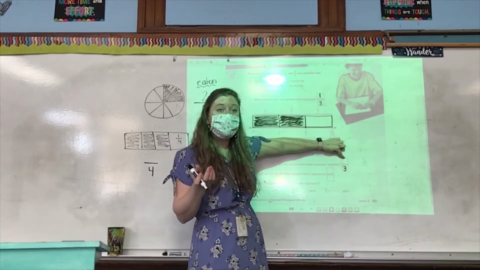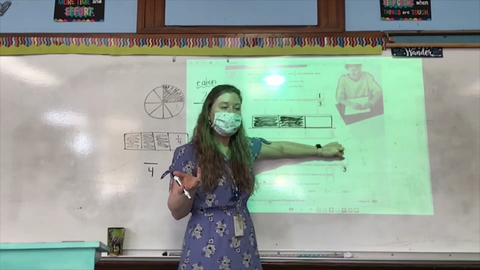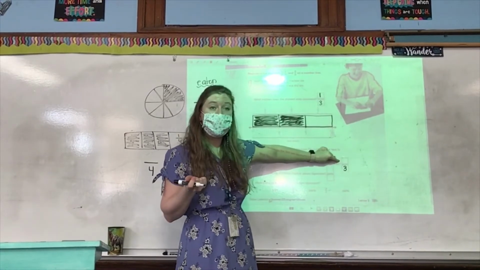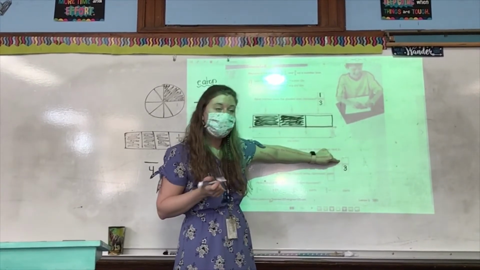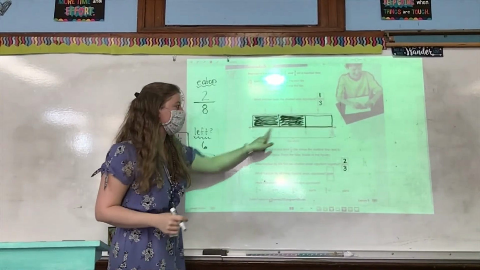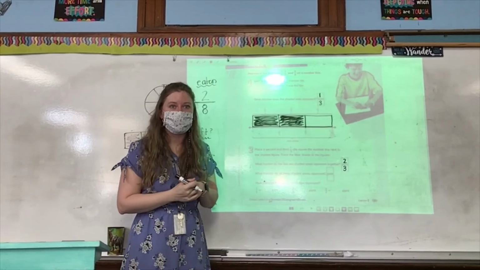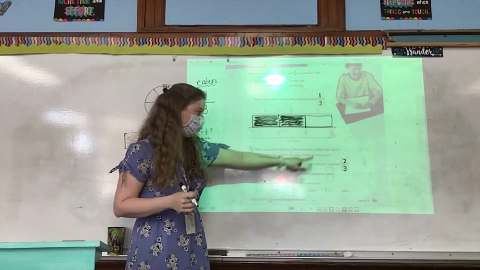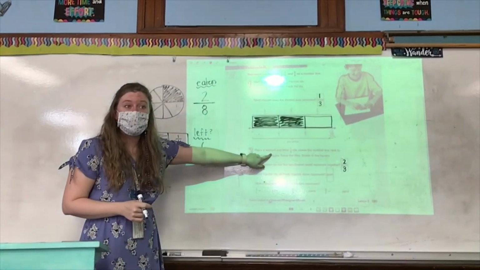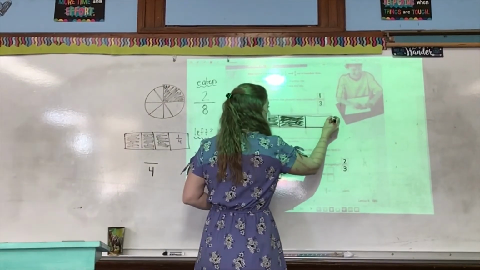The top number, the numerator, tells me how many I've shaded. If I have 2 fraction tiles shaded, how many out of 3 are shaded? 2. So Lena, if 2 of them are shaded, what fraction is shaded? 2/3. Very good. Now, I'm going to shade another fraction tile.